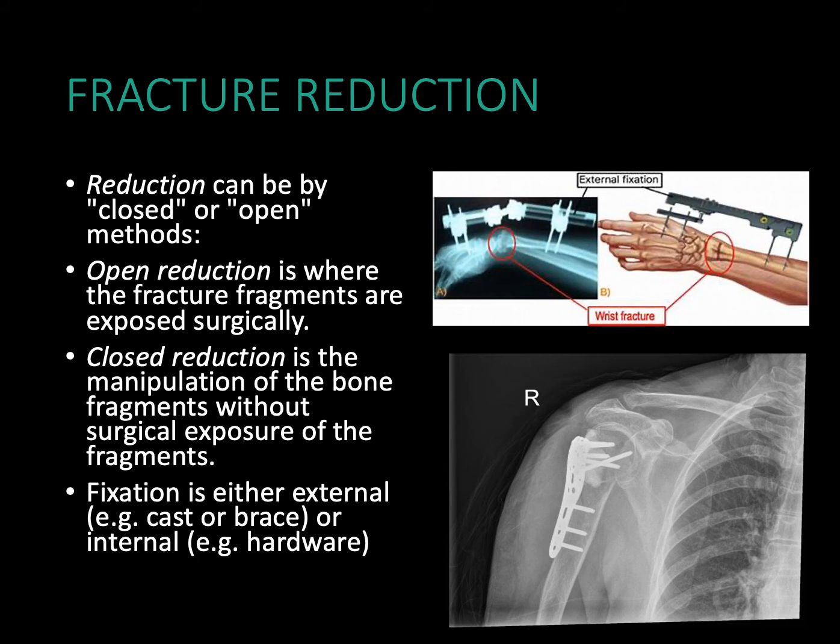They'll do some traction, try to realign the bone, and then re-x-ray it to make sure it's in good alignment. That's a closed reduction, which you'll see with a lot of different fractures. They can realign these pretty easily if it's not too far displaced and it's in a good location for them to put traction on.